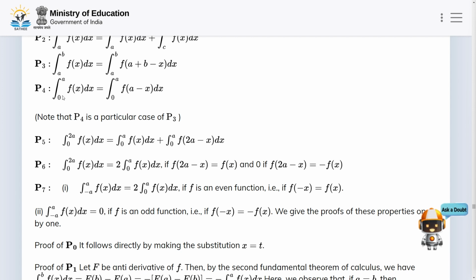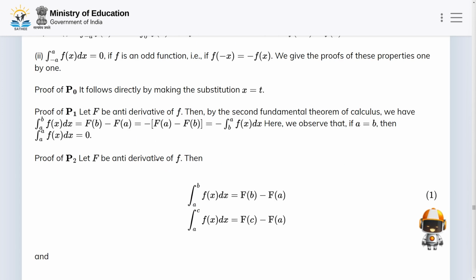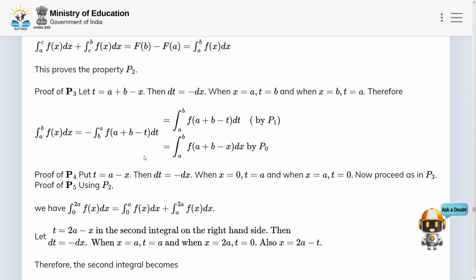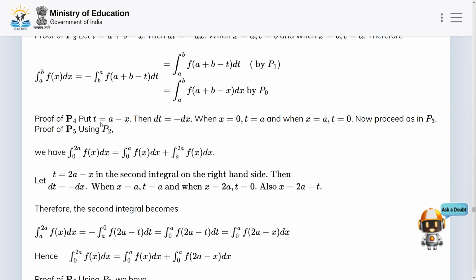P4 says the definite integral from 0 to a of f(x) dx is equal to the integral from 0 to a of f(a minus x) dx. So just put t equals a minus x. Then dt will be minus dx.